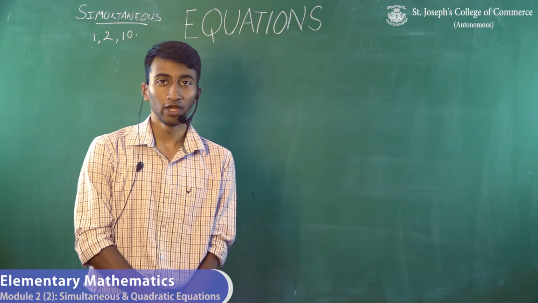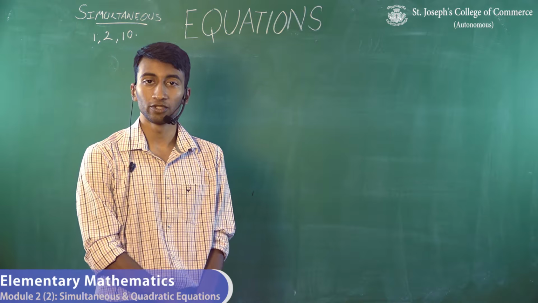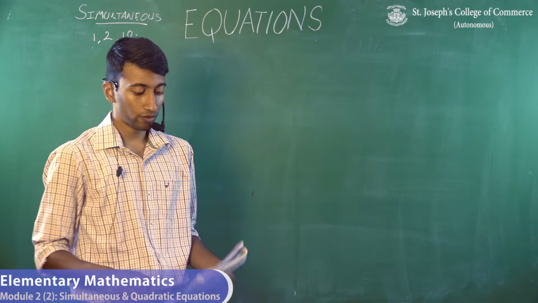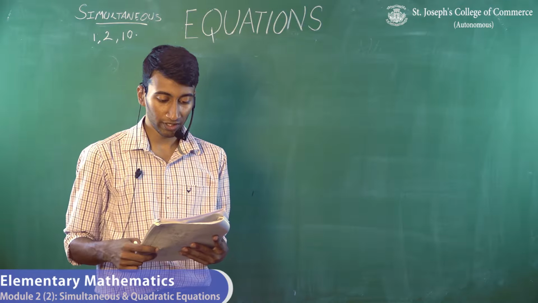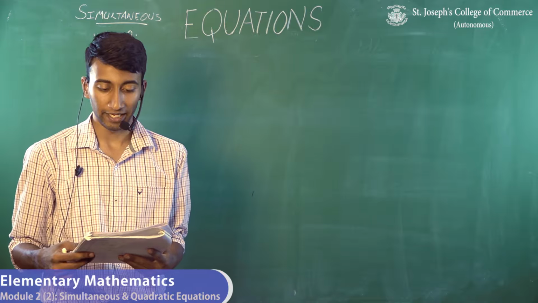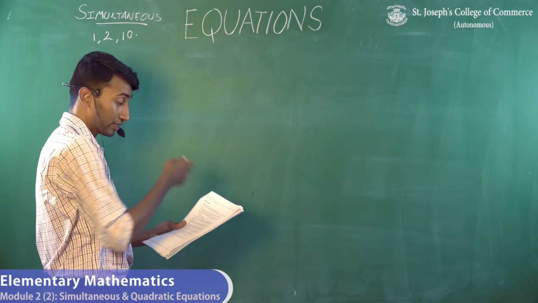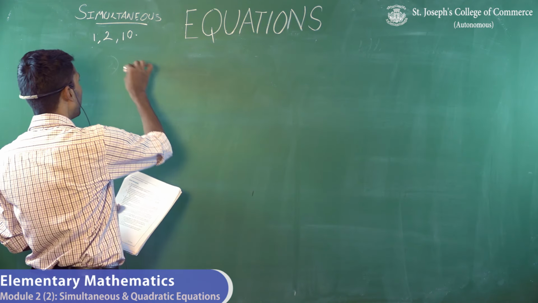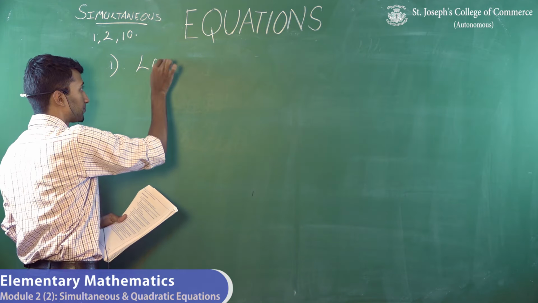So now we would do sum number 1, 2, and 10 under word problems of simultaneous equations. If you look at the handout, the first sum says, find two numbers whose sum is 21 and difference is 9. So as it says, find two unknown numbers. Let the two numbers be x and y.